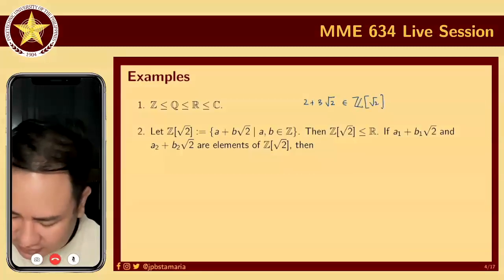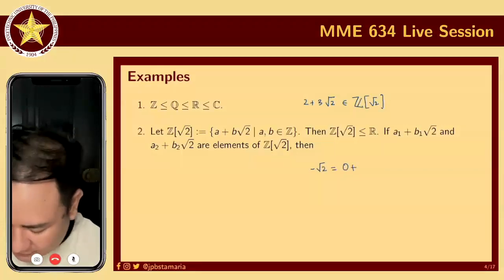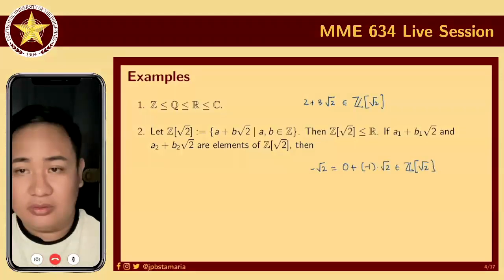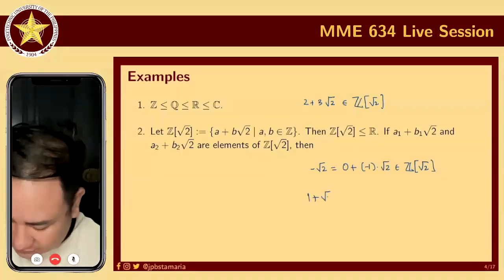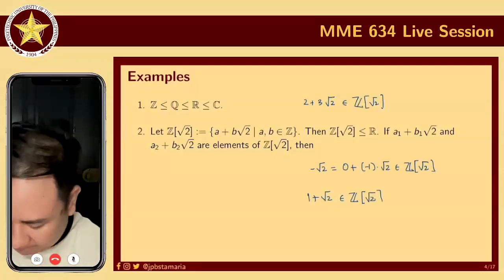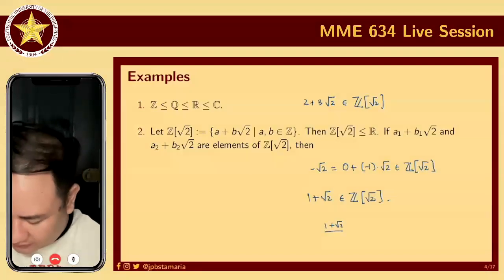What else are in this set? Yung negative square root of 2, nandyan din kasi ito'y 0 plus negative 1 square root of 2. Diba? Halimbawa, yung 1 plus square root of 2, nandyan din siya, di ba? What else is there? How about 1 plus square root of 2 over 2?